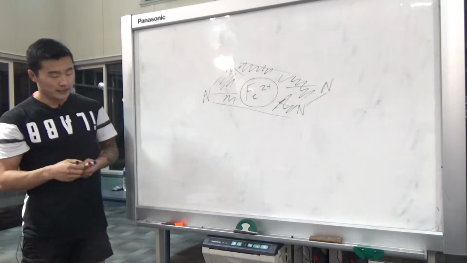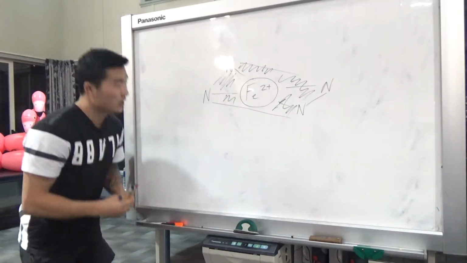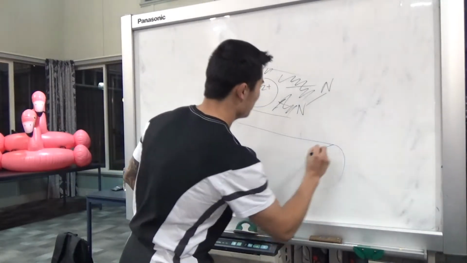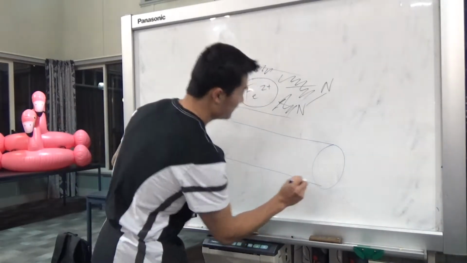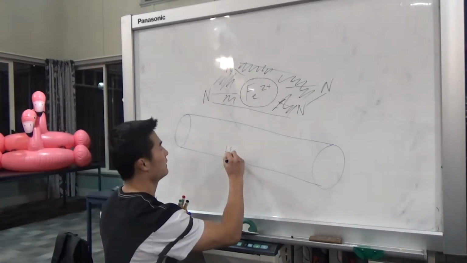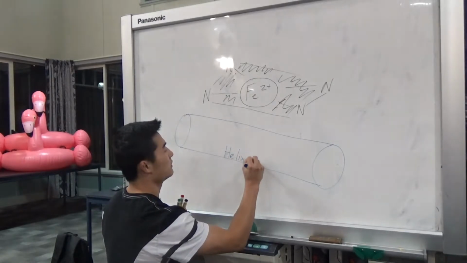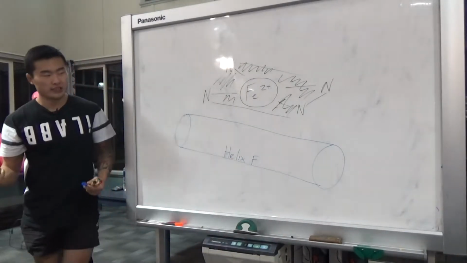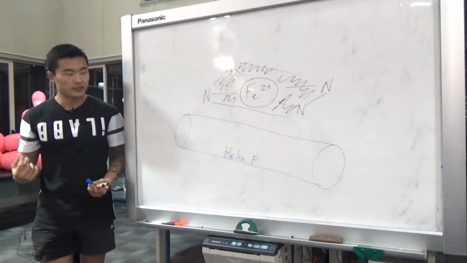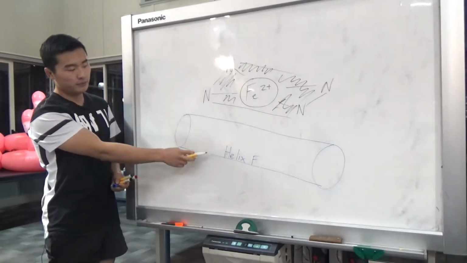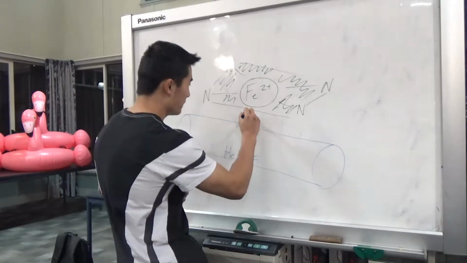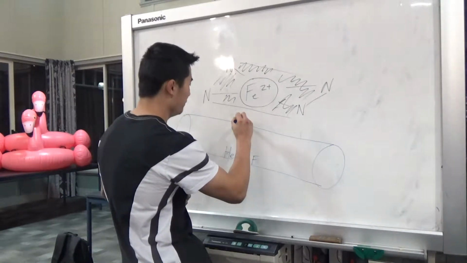Okay, and then below you're going to have this cylinder representing helix F. Okay, so remember that in protein structure shorthand, cylinders represent alpha helices. Okay, so this is an alpha helix, and in particular this is helix F. Okay, and on helix F there's a residue.